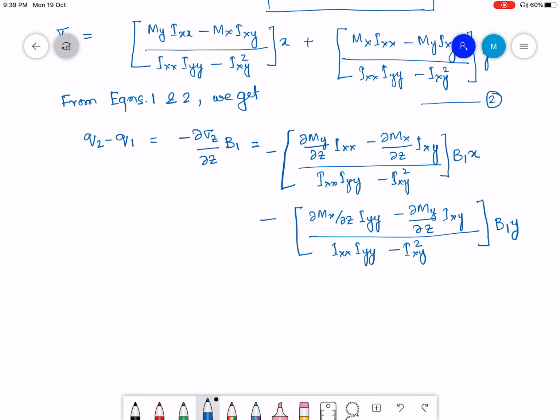Okay. So now this can further be written as, we know that del M by del Z is actually the shear force. So del My by del Z is Sx. We have done this before, right? So this is nothing new. So Ixx minus del Y by Ixy.